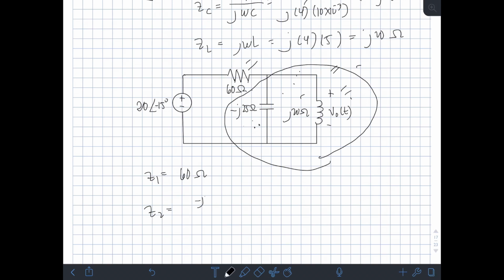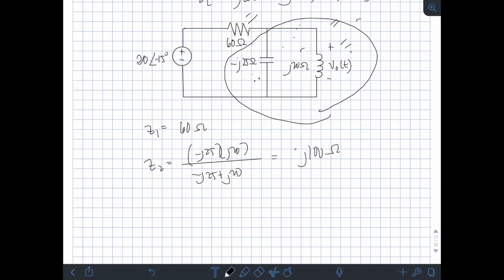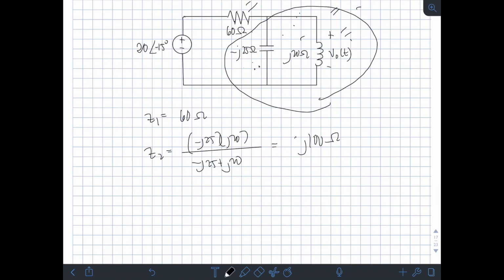So we have negative J25 times J20 over their sum. So negative J25 plus J20. So ilan to using calculator? J 100 ohm.